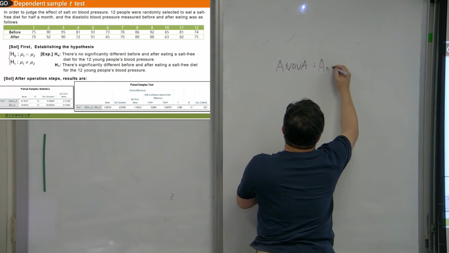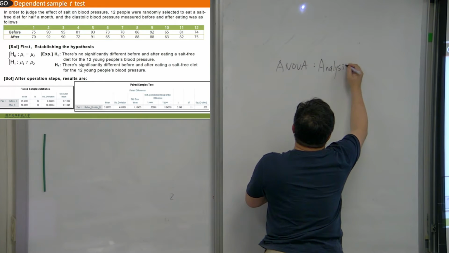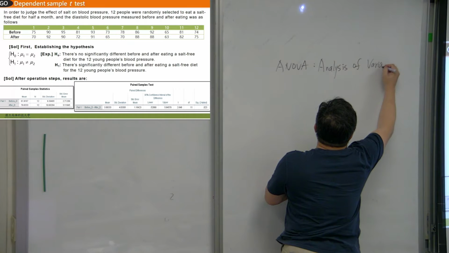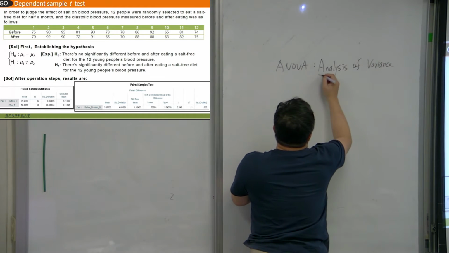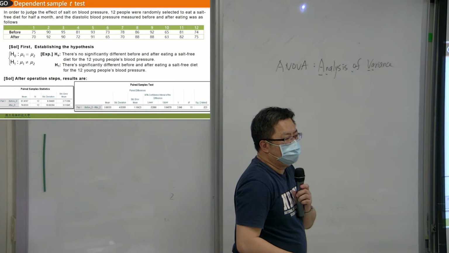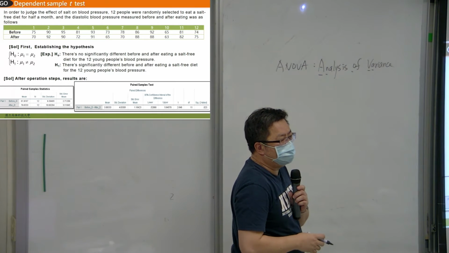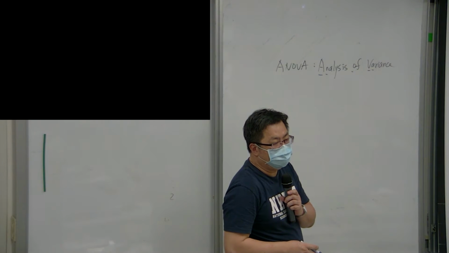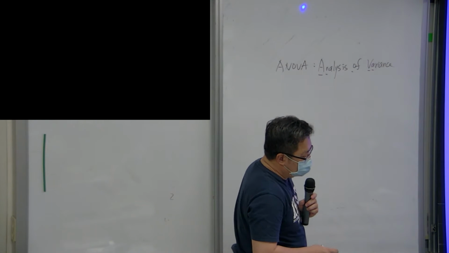ANOVA comes from analysis of variance, okay? We just capture the brief of the vocabulary: analysis of variance.